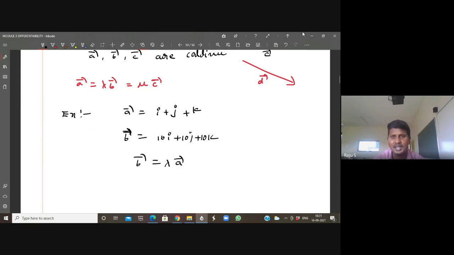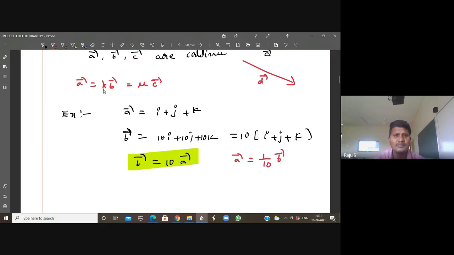Shall I write here, B vector is equal to, if I take 10 common, I plus J plus K. What you observe is that this I plus J plus K is vector A. So vector B is represented as some lambda times A vector. Or you may write it like this also: vector A is equal to 1 by 10 times B vector.